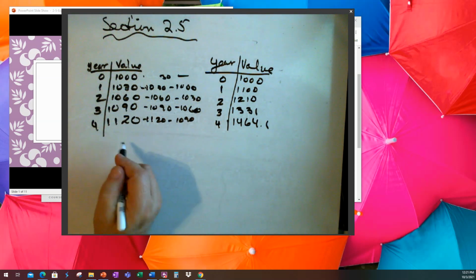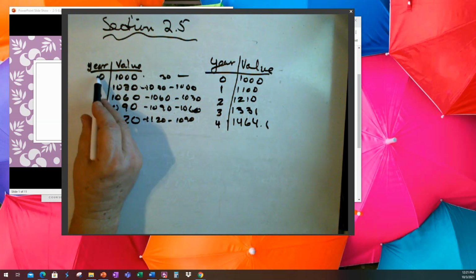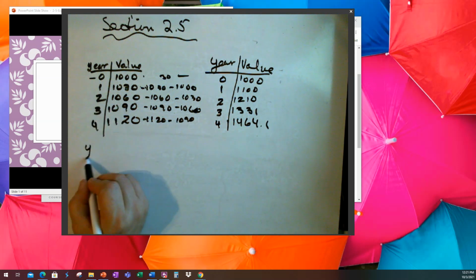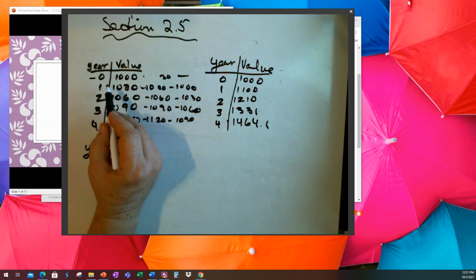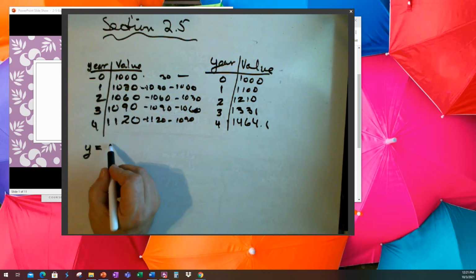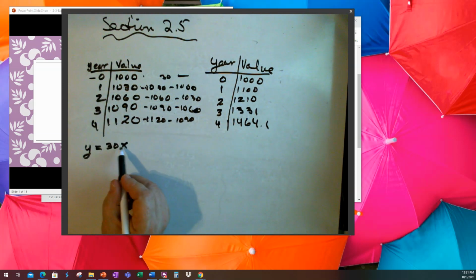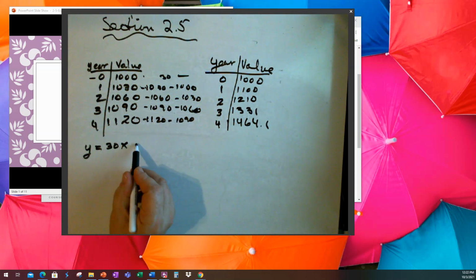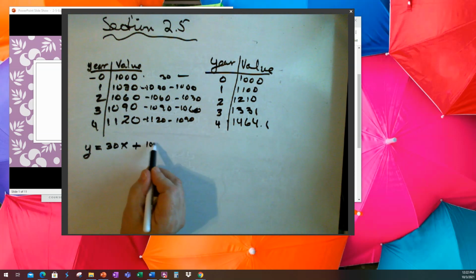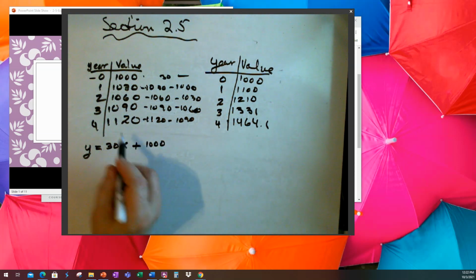If I can do that, starting at 0, I can write the linear equation for this. For every time I increase x by 1, I add 30 to it: 30, 60, 90. Each time I get 30. My starting point is 1000 when x is equal to 0.